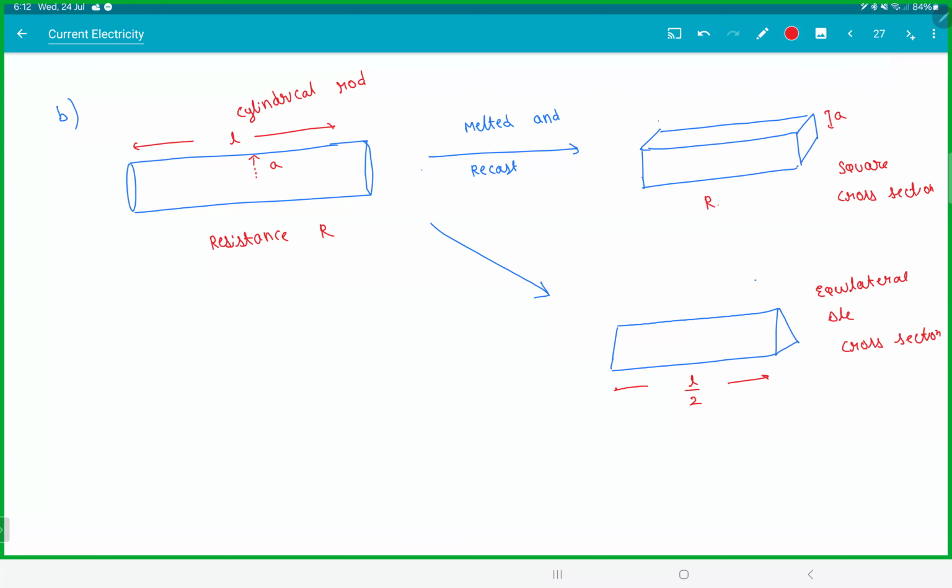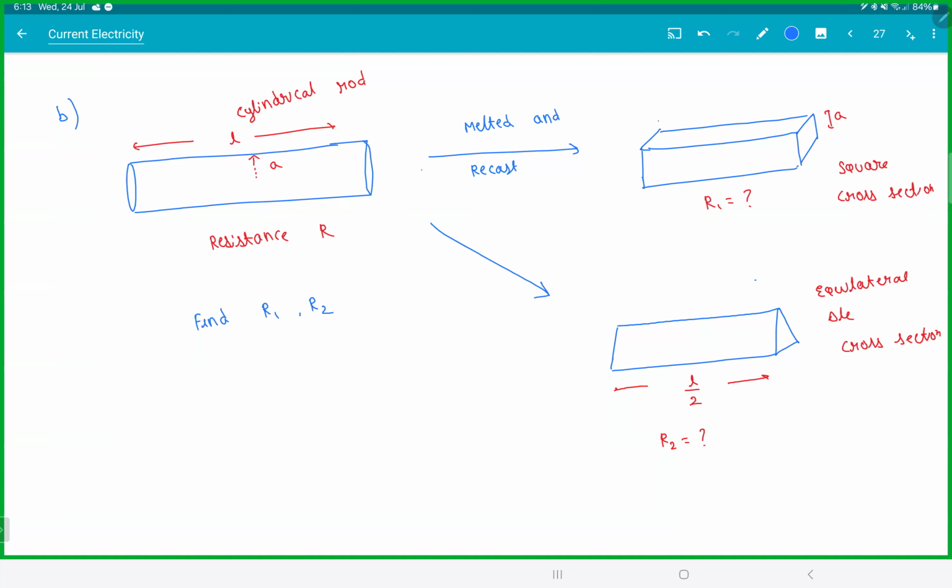Let's say this resistance is R1, this resistance is R2. Find R1, R2 in terms of R. Length of the square is not given, only side is given. That equilateral triangle ka side length is given, but cross section ka side is not given.